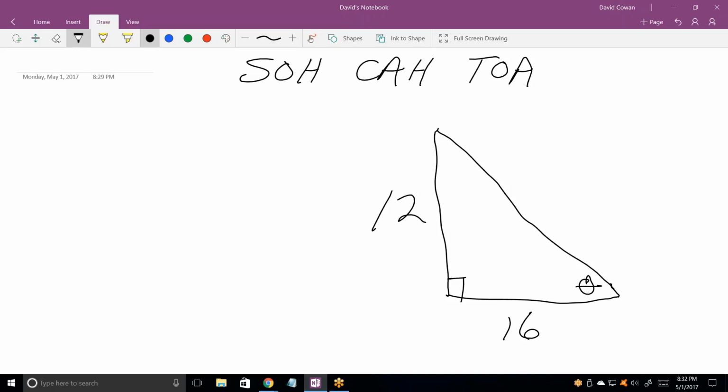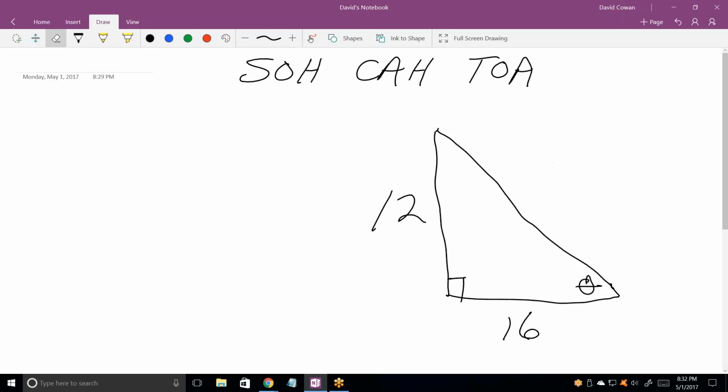And they want all 6 trig functions of theta. Okay. Well, first of all, let's solve for the hypotenuse. You can do it the hard way, which would be the square root of 12 squared plus 16 squared, which you would need a calculator for.